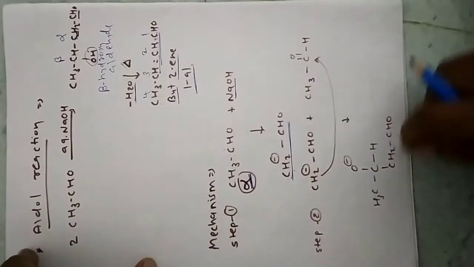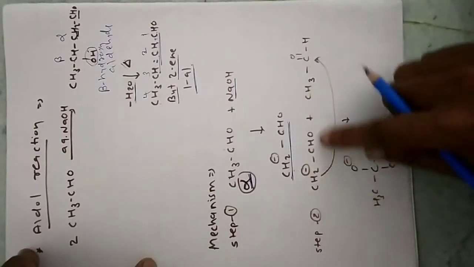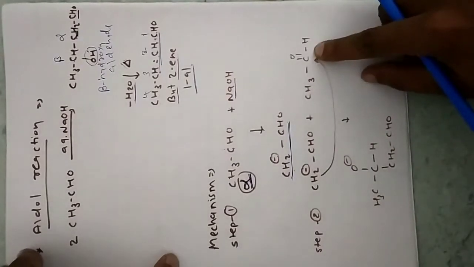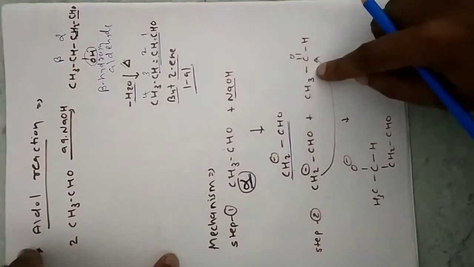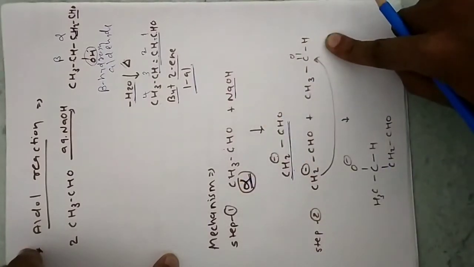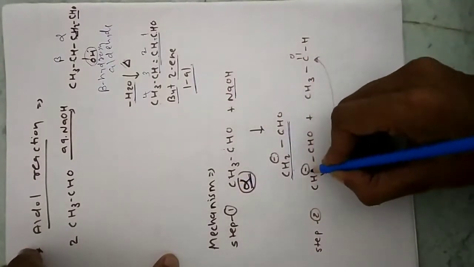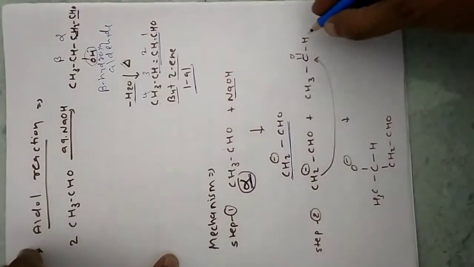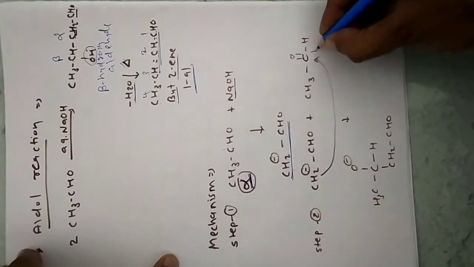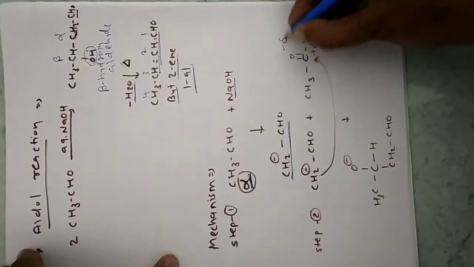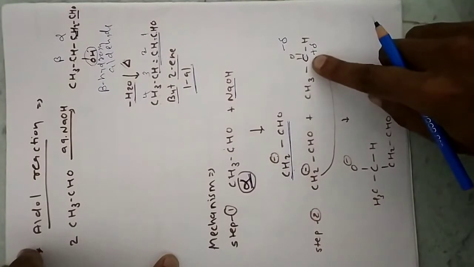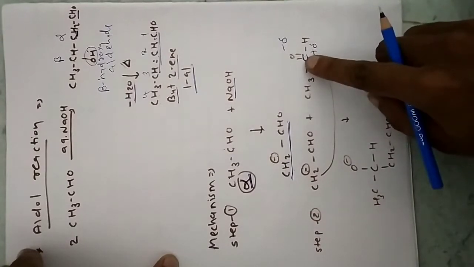Now in the next step what will happen here? This negative ion reacts with another molecule of aldehyde, CH3CHO, another molecule of the same aldehyde I have taken. Now this one is our negative ion. We have discussed that in the carbonyl group, carbon is partially positive and oxygen is partially negative. So this negative ion will attack the partially positive carbon.